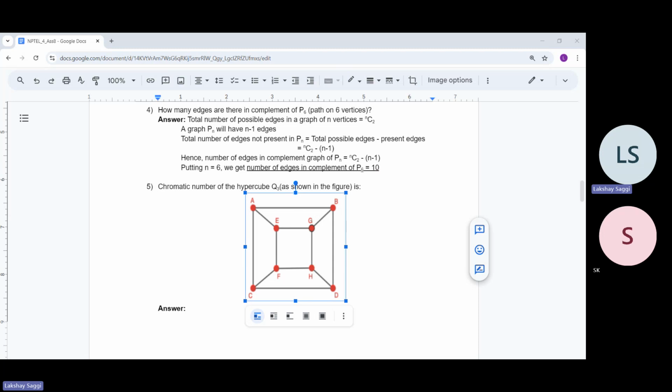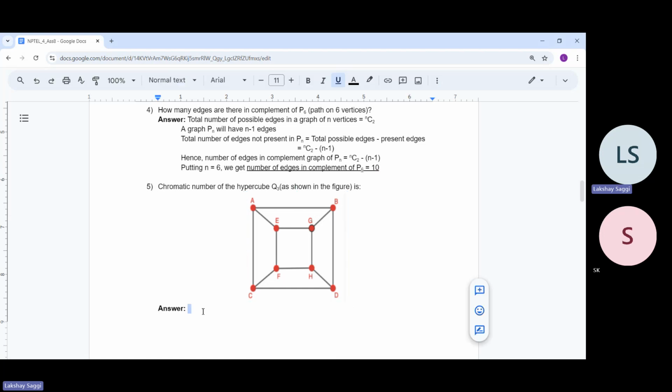Again, SK, I would like you to try this out first. I don't think it's too hard of a question, but it's easy to make silly mistakes in these kinds of questions. So I want to encourage you guys to attempt these questions. Otherwise, these types of questions are the source of silly mistakes in the quizzes or the exams.